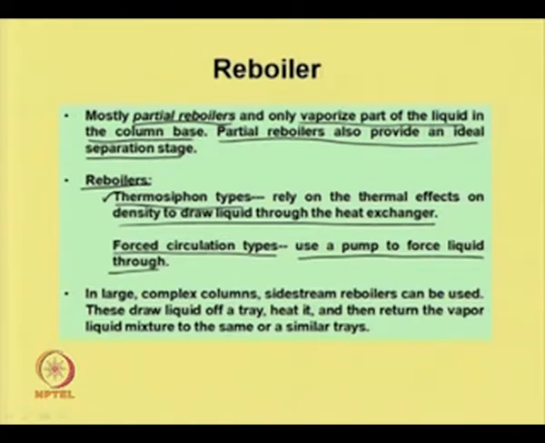In large complex columns, side stream reboilers can be used. These draw liquids off a tray, heat it and then return the vapor-liquid mixture to the same or similar trays. So, this is known as the side stream reboiler.